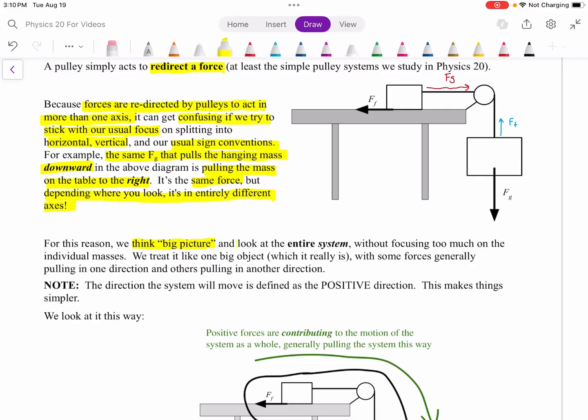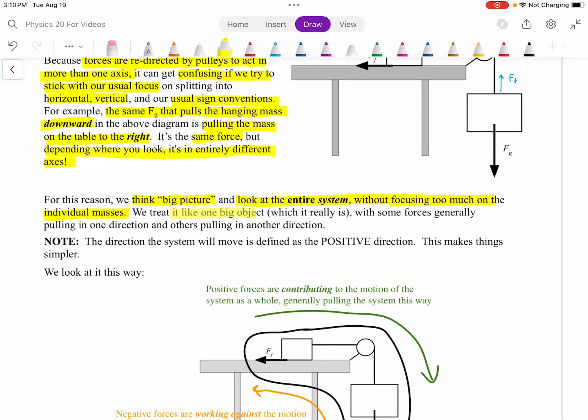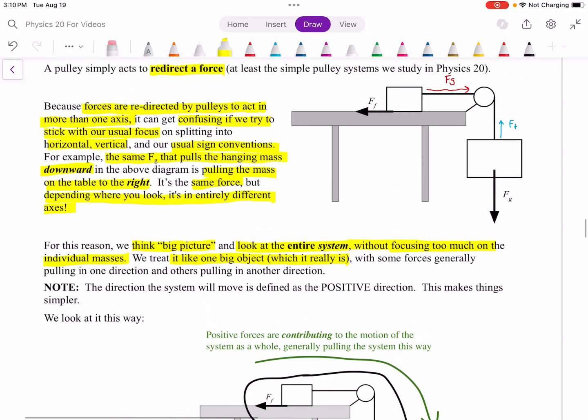What we do is we look at the entire system without focusing too much on the individual masses when it comes time to calculate the net force acting on it and the mass that it's acting on. We treat it like one big object because it really is one big object. It's all attached. And some forces are generally pulling in one direction and others are generally pulling in another direction.